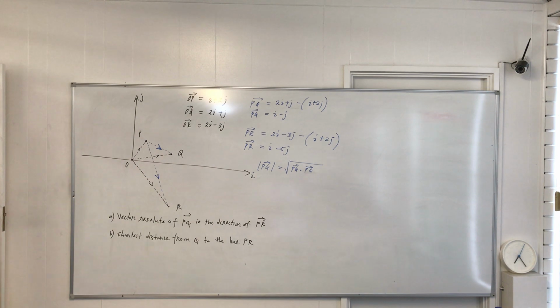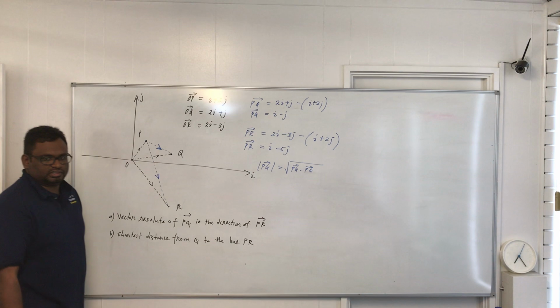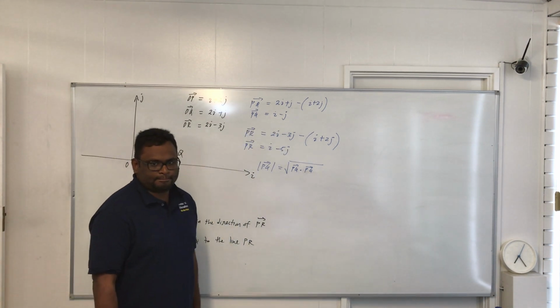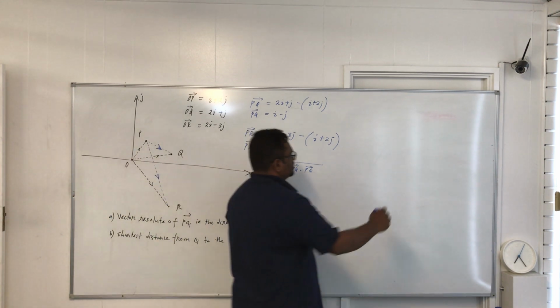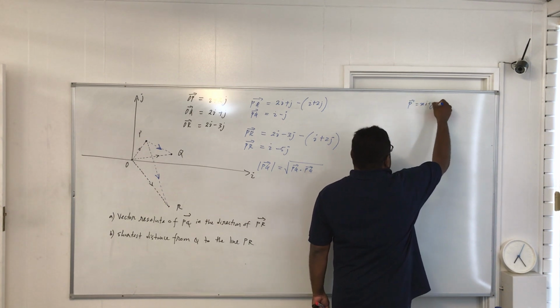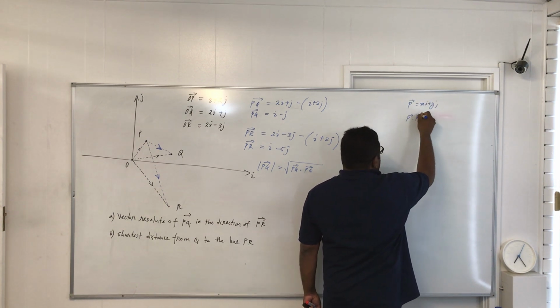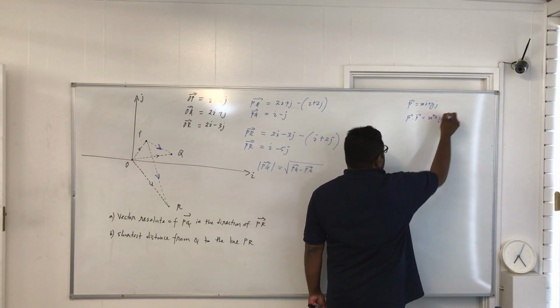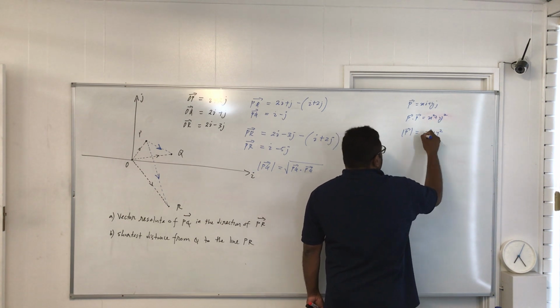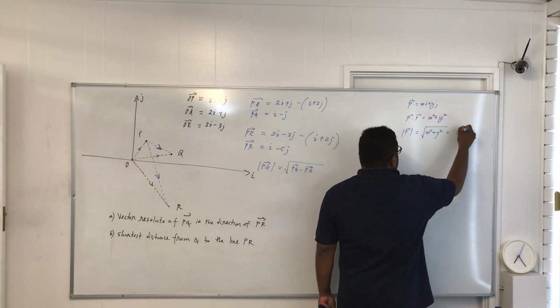Dot product gives you x squared plus y squared, right? If you have p vector equal to xi plus yj, then p dot p is x squared plus y squared. So the magnitude is the square root of x squared plus y squared, that means the square root of p vector dot p vector.